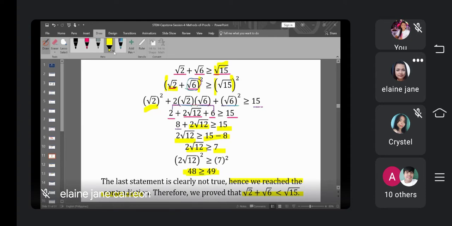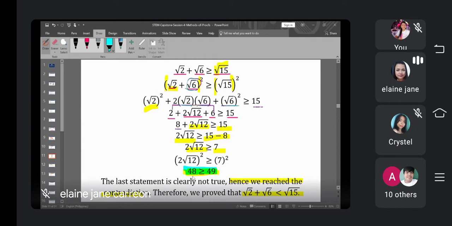48, palitan natin yung kulay. 48 is greater than or equal to 49. False, di ba? So, we go back to our original statement.